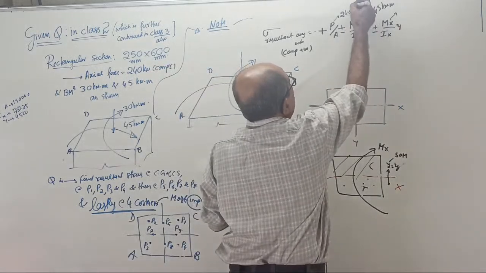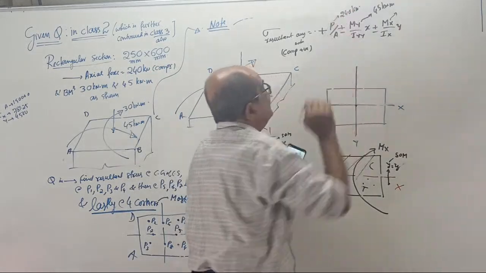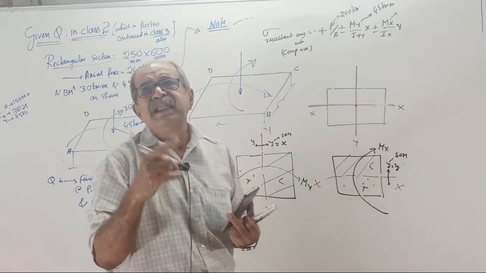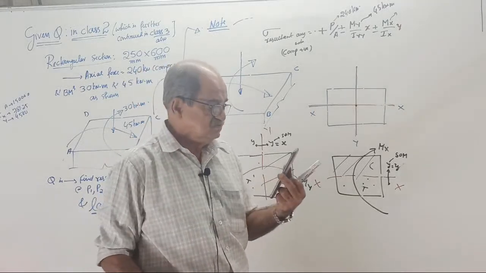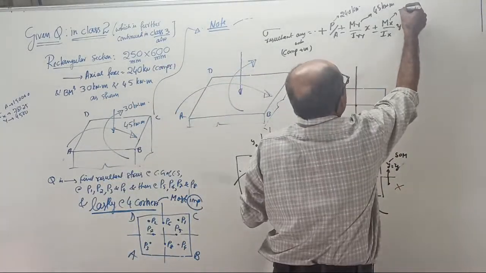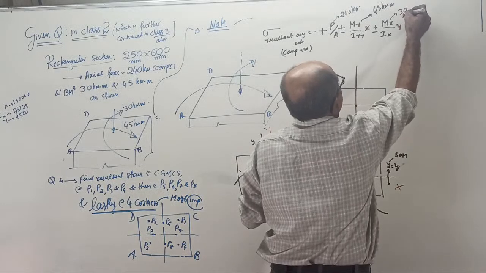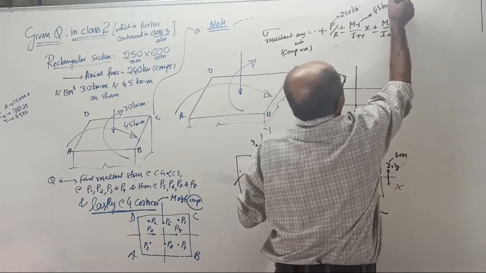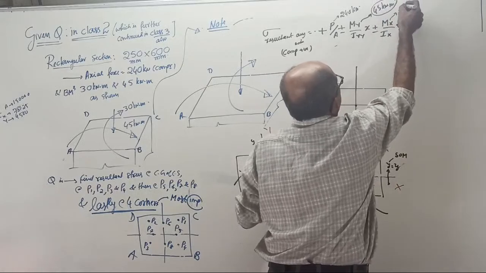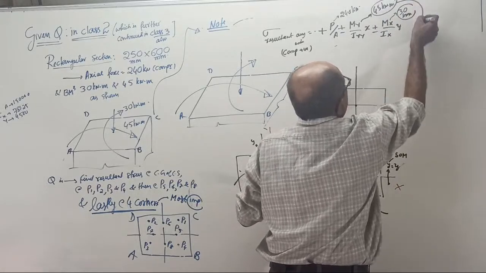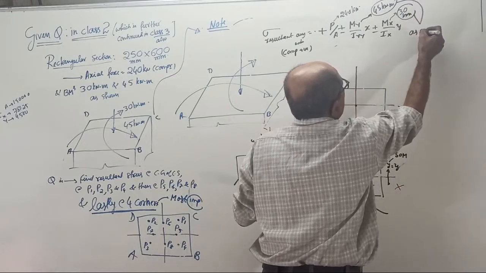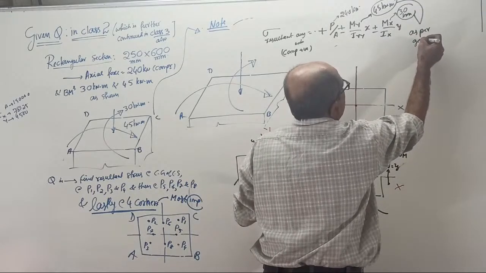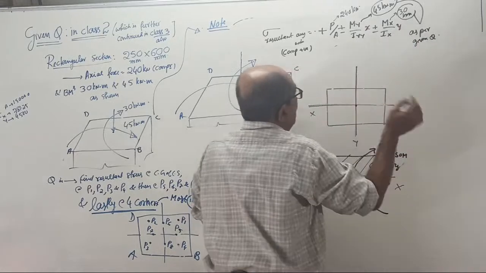I substitute 240 kilonewton, but of course, in the equation I put 240 into 10 to the power 3 newtons. This is 30 kilonewton meter. These two values are as per the given question. Okay.